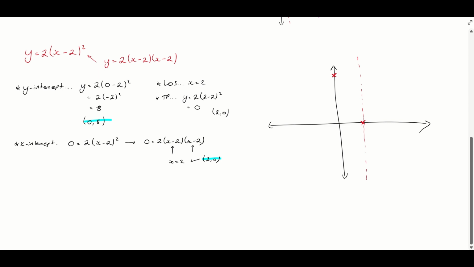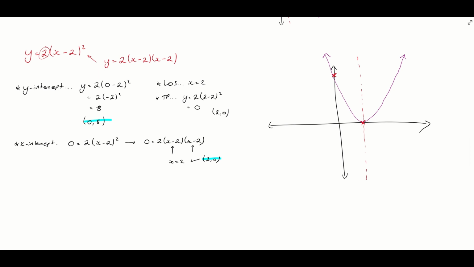We know that this is going to be a happy face parabola, just by the symmetry of it. If we're going to turn, we have to turn here, but also the fact that we've got a positive number out the front. So if we were to connect this, it would go something like that, and then just reflect it out the other side symmetrically. And that is what our parabola is going to look like.